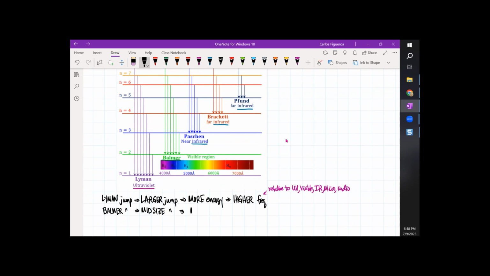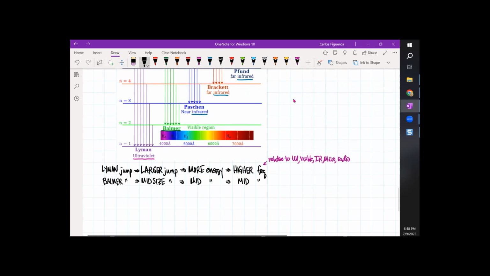So therefore, it has mid-energy, and therefore it has a mid-frequency. But if you go to these others, I'll just mention one of them. How about Paschen jump?